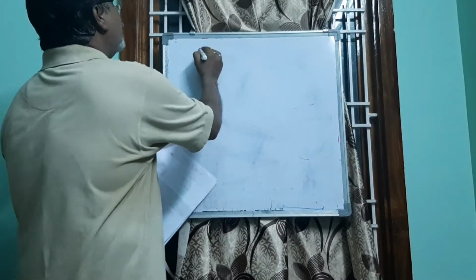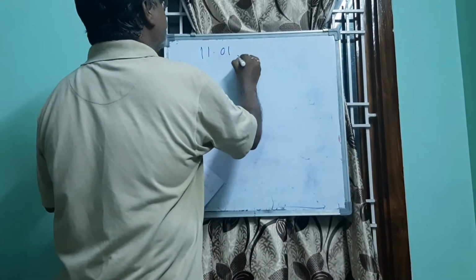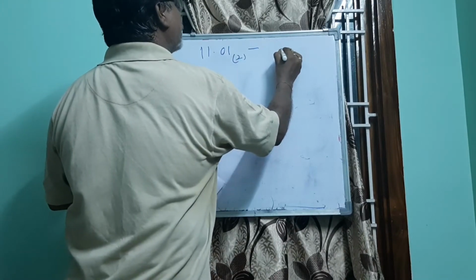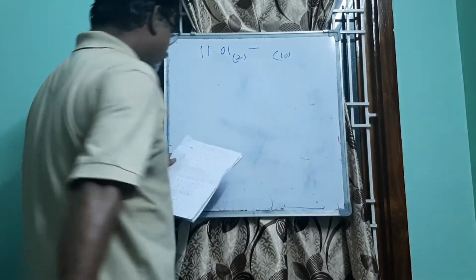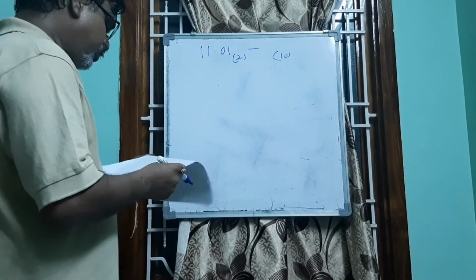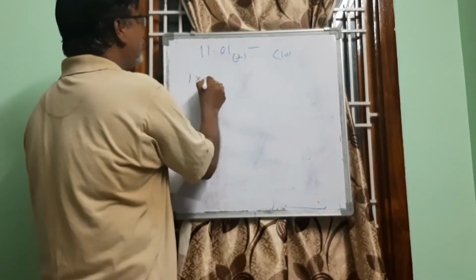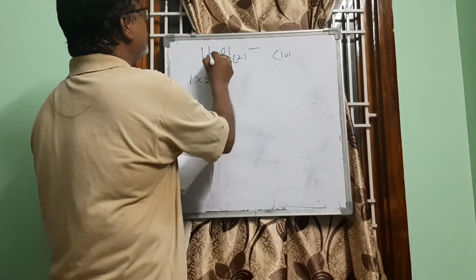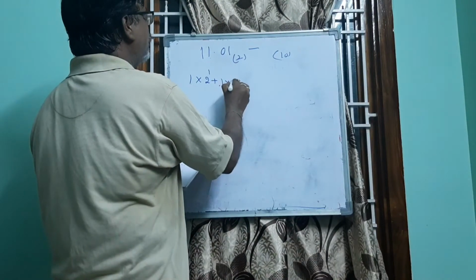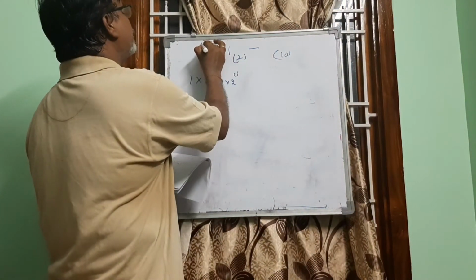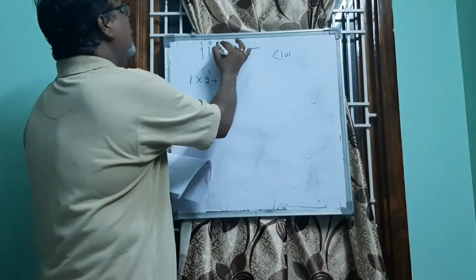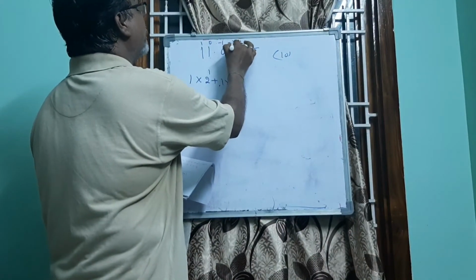Here you convert 1.01 base 2 into its equivalent decimal. How to convert it? Here this is 1 into 2 power 1 plus 1 into 2 power 0. Here because this position is 1, it is 0. Here it is minus 1 and minus 2.